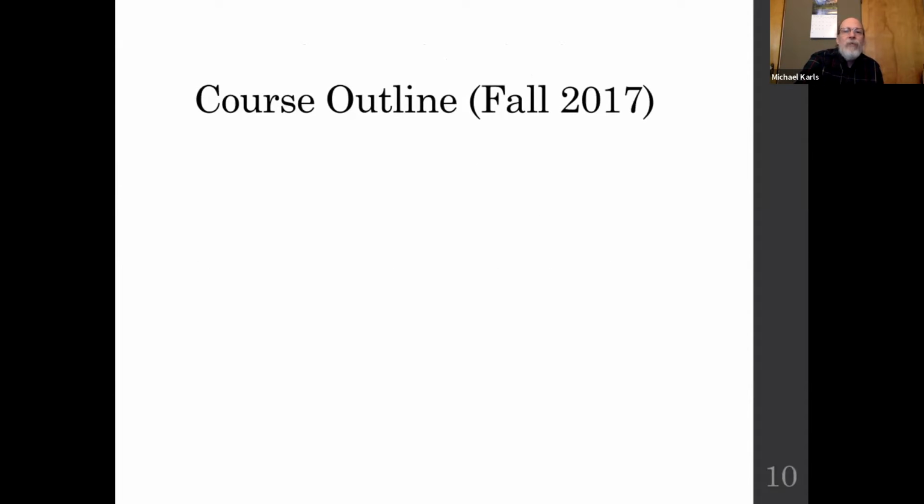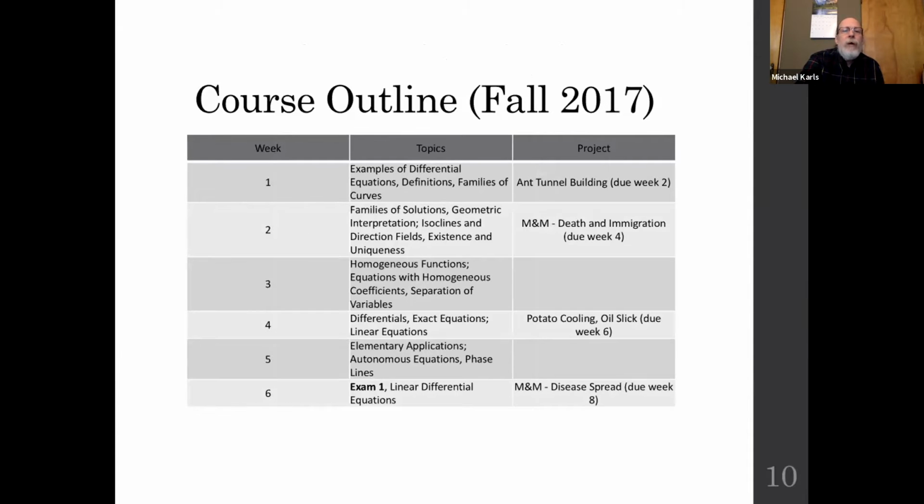So here's an outline of the class for fall 2017. I have weeks in the left column, then what we covered, and then here's where I put the projects we actually assigned. I assigned the ant tunnel building on week 1, and it was due the following week.